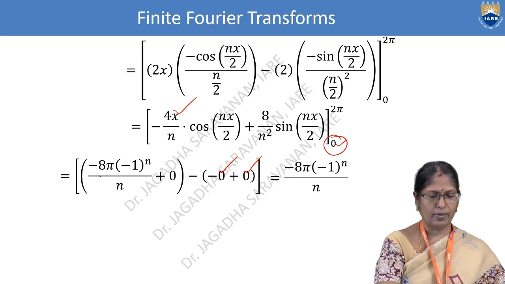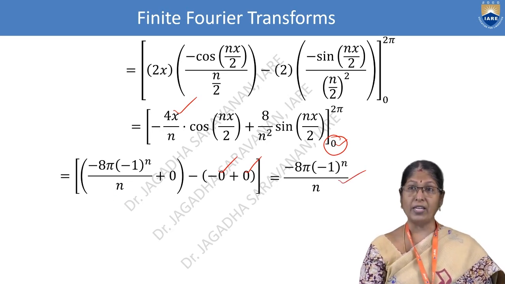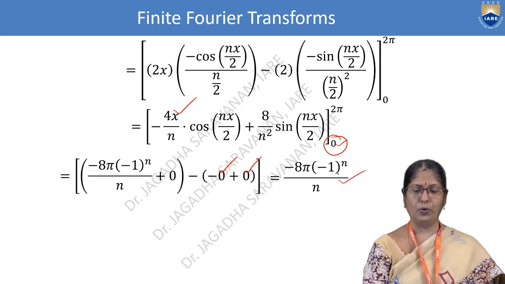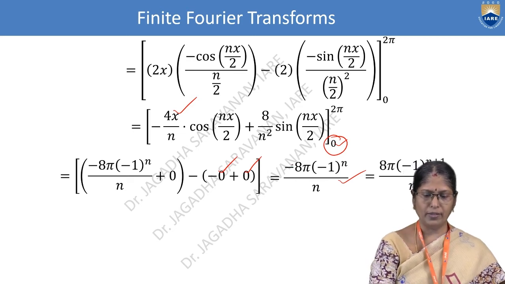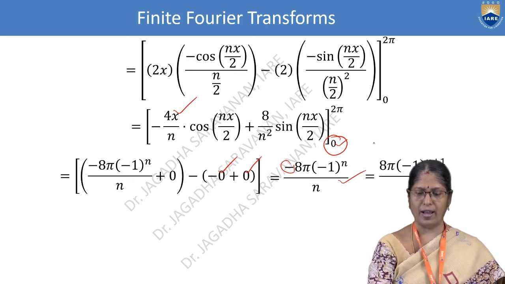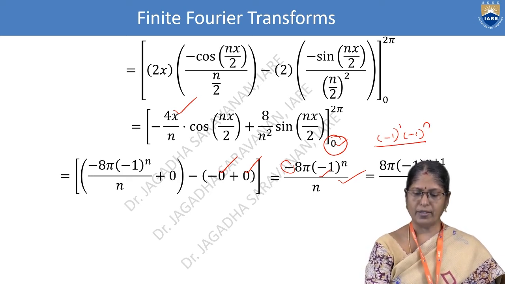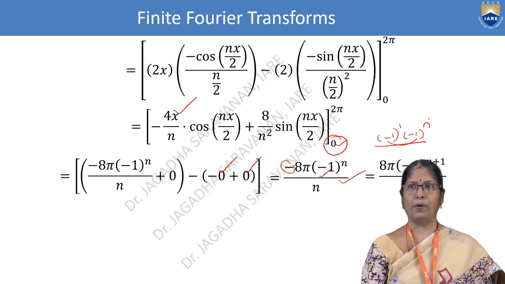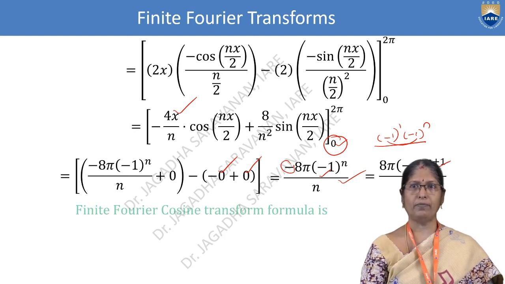So now, with the simplifications, finally we got the result minus 8 pi into minus 1 power n by n. This minus sign is written as minus 1 power 1. This is minus 1 power n. Put together, bases are same, we can add the powers. So, it has become minus 1 power n plus 1.